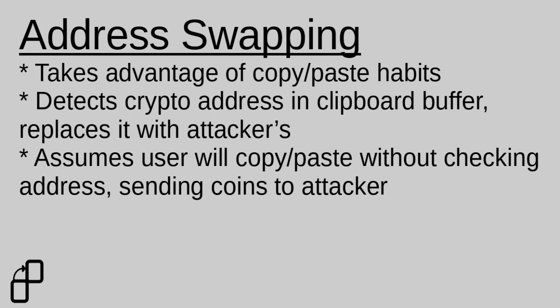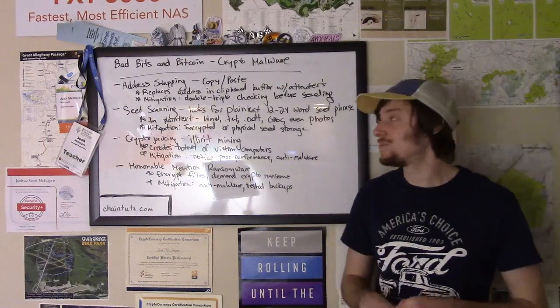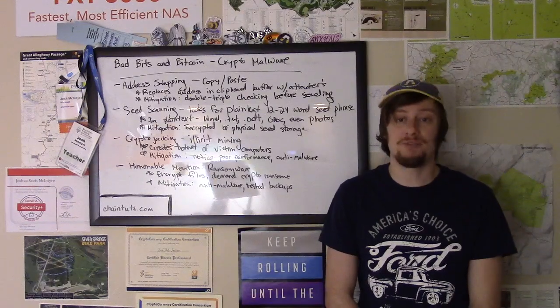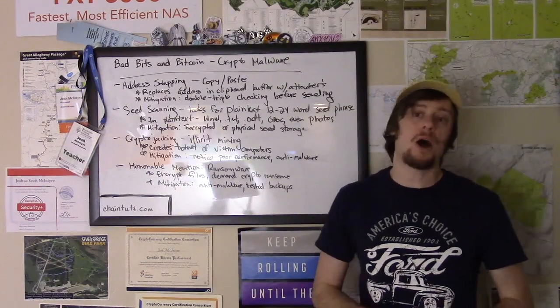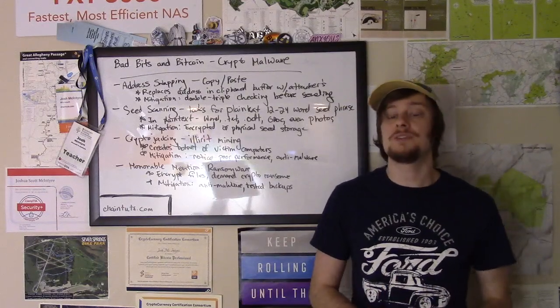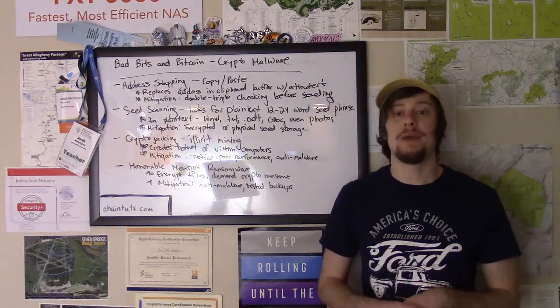What this malware does is it looks for the string pattern of a crypto address in various common formats for Bitcoin, Ethereum, Litecoin, and others in your operating system's clipboard buffer. So each common operating system, whether Windows, Mac OS X, or Linux, has facilities for copy and pasting information.